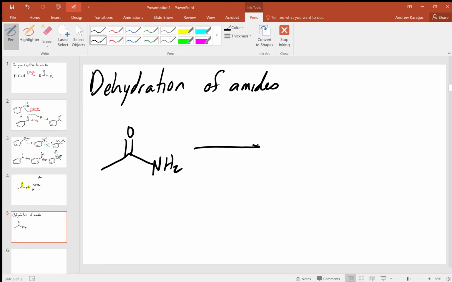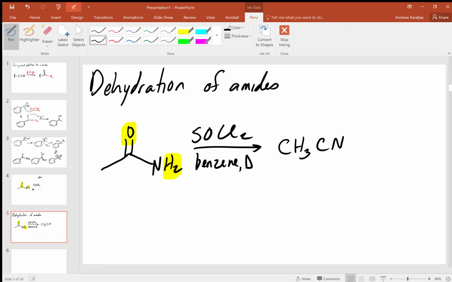But through the addition of thionyl chloride and heat, refluxing in a solvent like benzene, we can lose the oxygen of the carbonyl as well as these two hydrogens on nitrogen, thus losing water in total, and making a nitrile where the nitrile is attached to whatever this R group over here is.